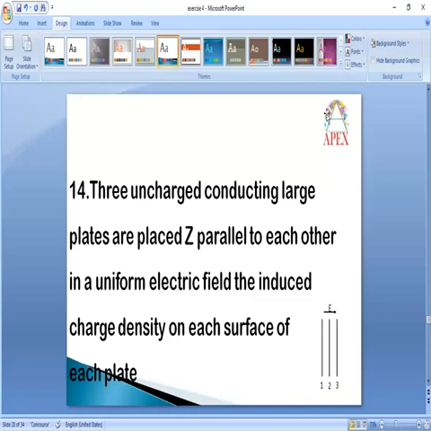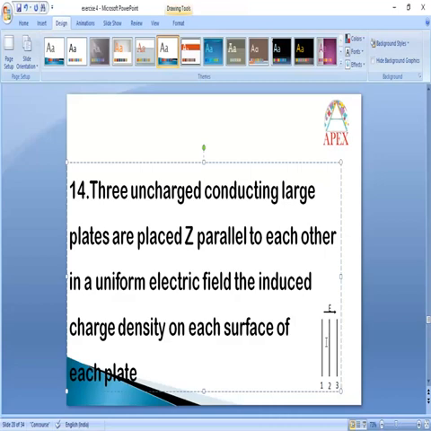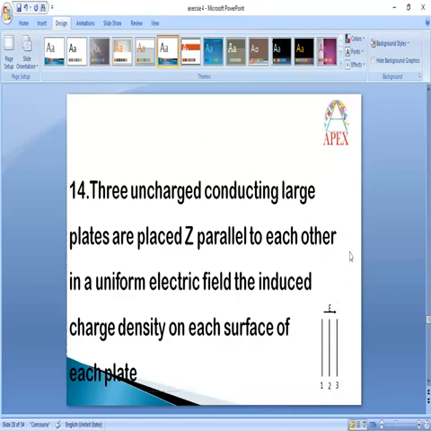Whenever an electric field is applied, what will happen? The positive and negative charges will be influenced. The positive charges will be displaced in the direction of the electric field, and negative charges will be displaced opposite to the electric field. So negative charges will come this side and positive charges will come this side for each plate.